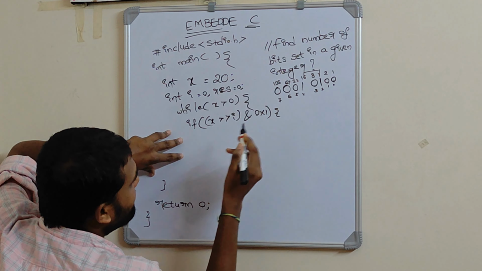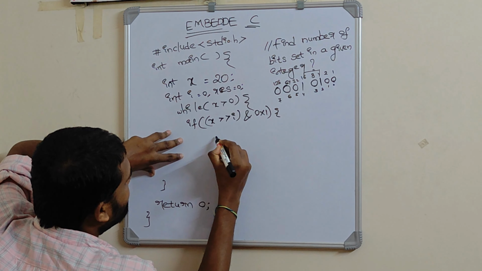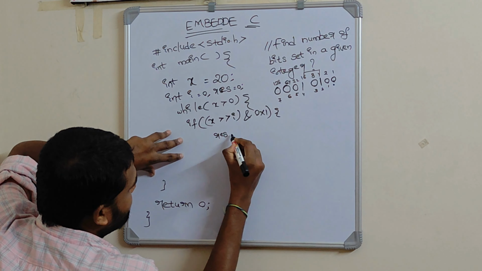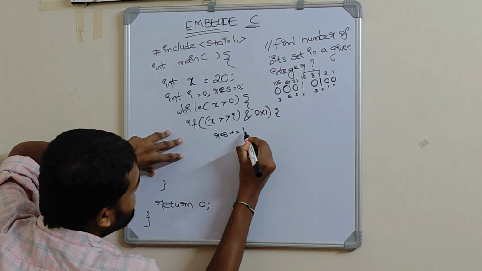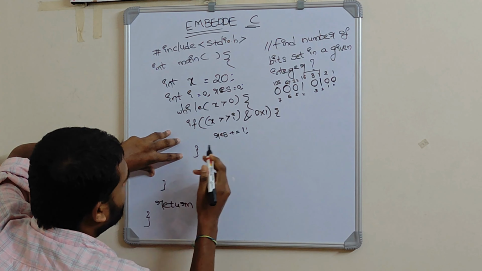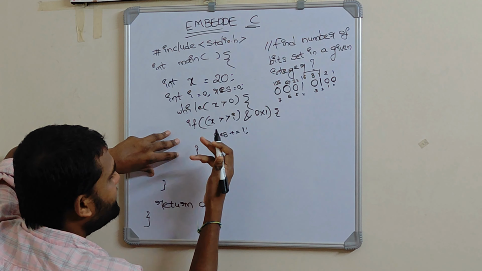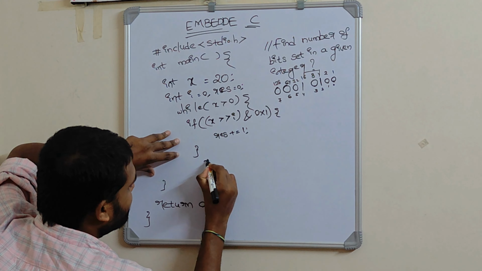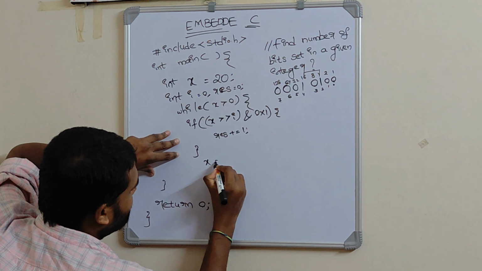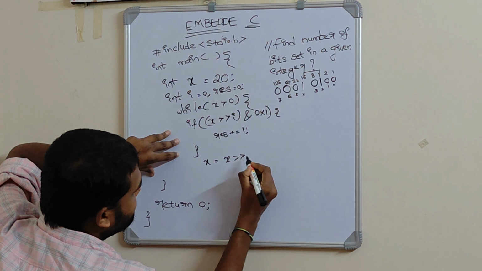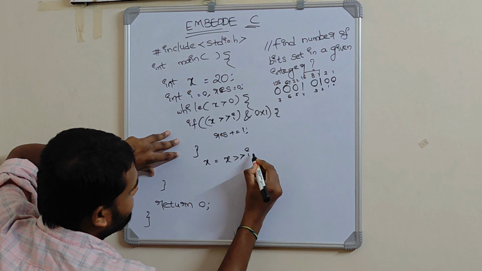If this value is 1, that means we have to increase our result by plus 1. And now we have to update the x value. How do we update the x value? x equal to x right shift by i.